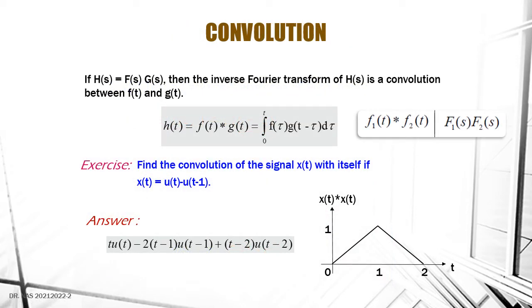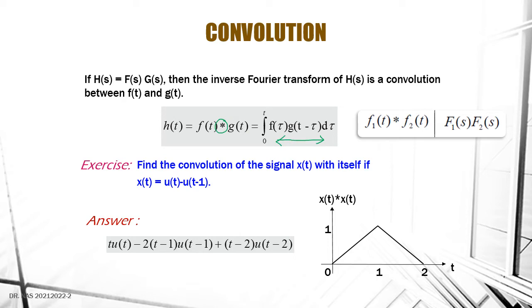Okay, another property to be considered is the convolution. If you still remember in the first chapter, there's convolution in time domain, in which you need to perform multiple integration to get the final output. However, you can simplify the operation by considering frequency domain steps, either by using the Fourier transform or Laplace transform. If you have convolution in time domain, by using first principle you perform the integration.